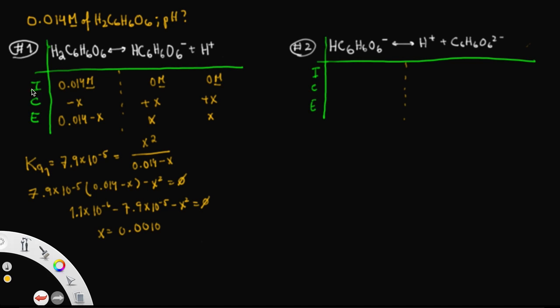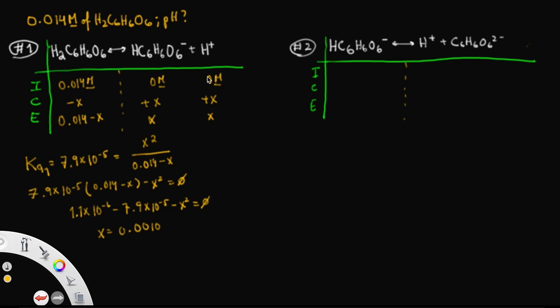Now we know initially, which is what the I stands for, initially we have 0.014 moles per liter of ascorbic acid. And in our beaker, before the reaction occurs, we'll have 0 moles per liter of product. We'll have 0 moles per liter of our H plus ions and of our HC6H6O6 minus.